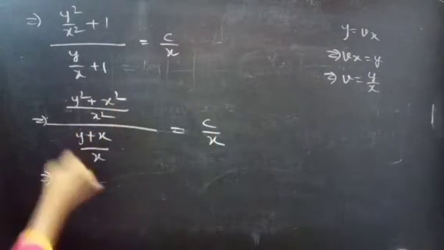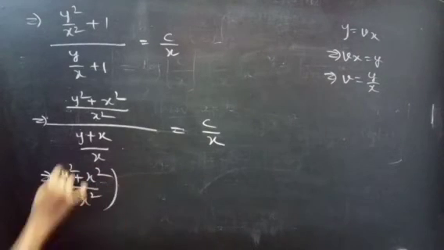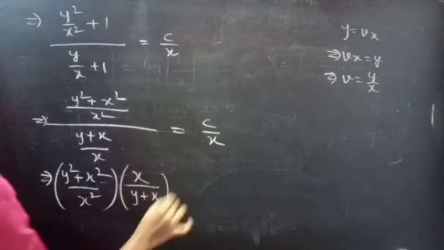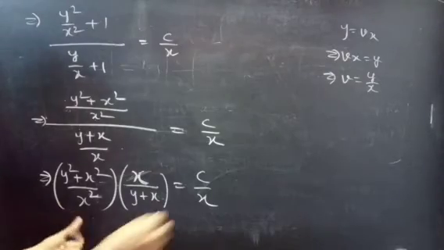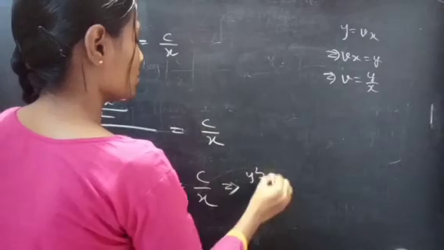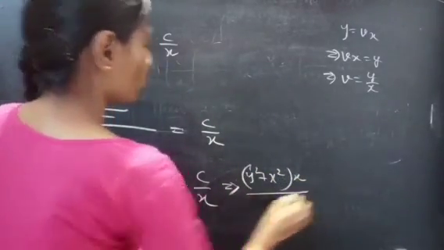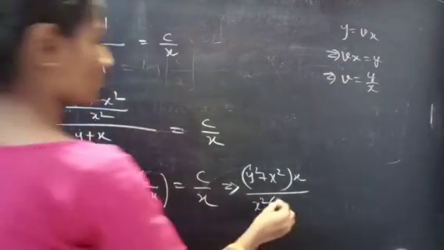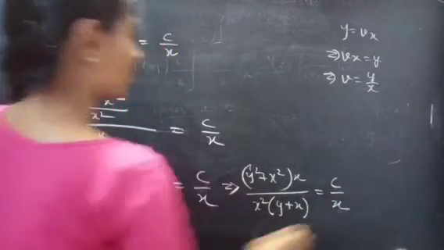Now we can write this as y square plus x square by x square into x by y plus x equals c by x. Then you can write this as y square plus x square into x by x square into y plus x equals c by x.